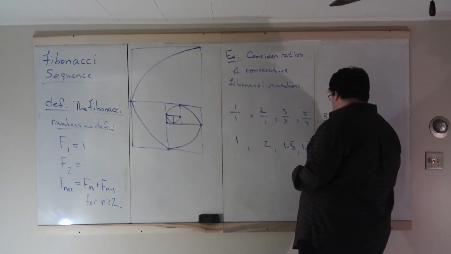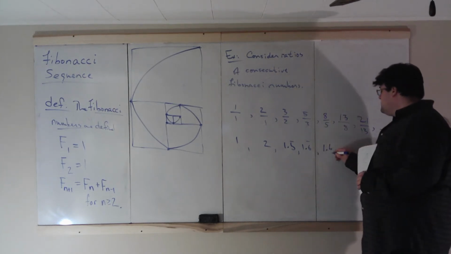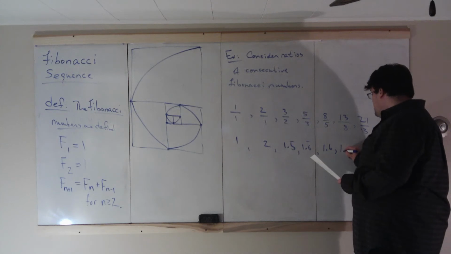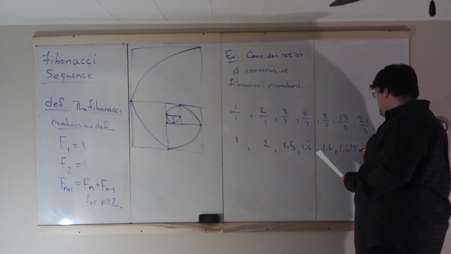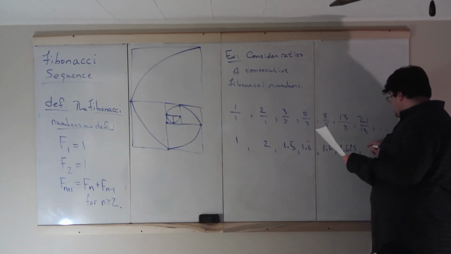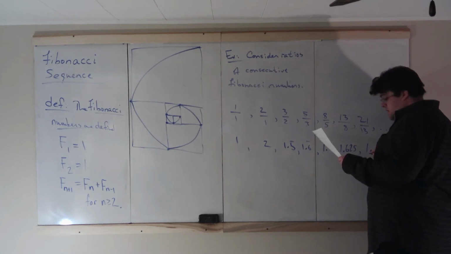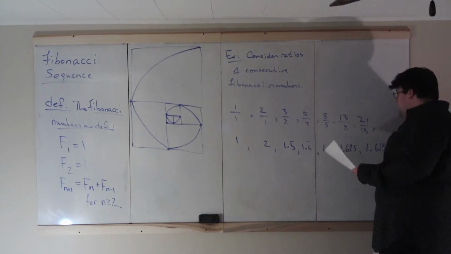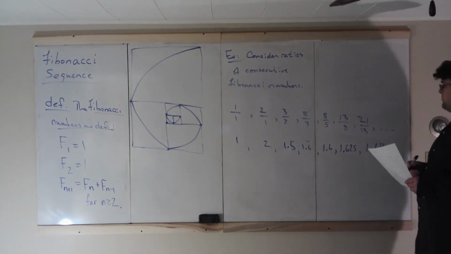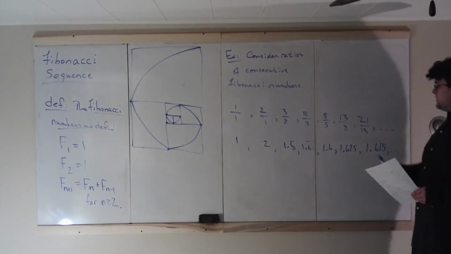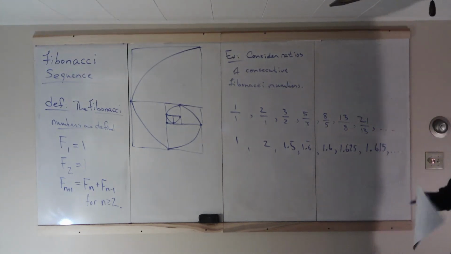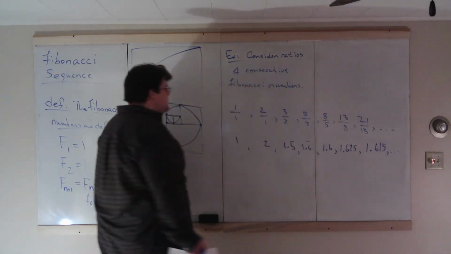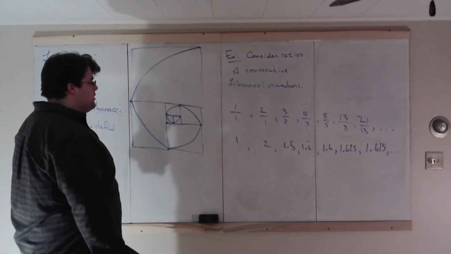This is 1.625. The reason I can do this is actually because of baseball. If someone goes 5 for 8, they're hitting .625. And so on.